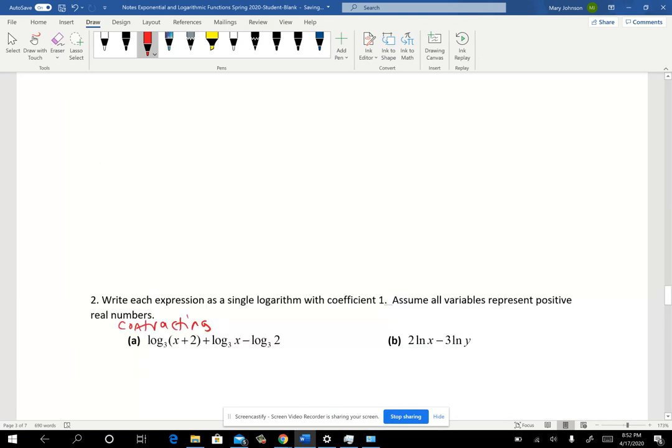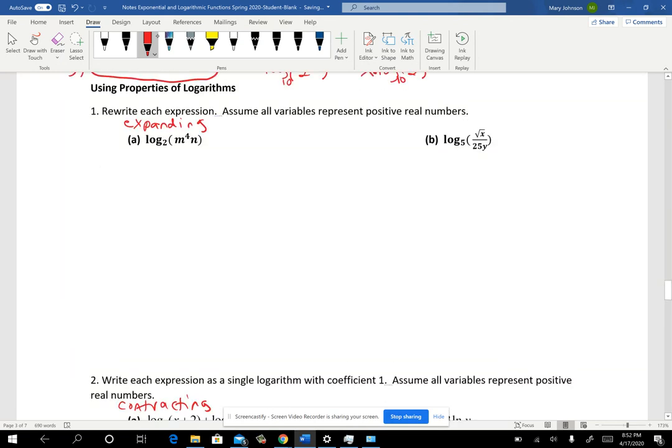If you're trying to expand this expression out, what we're going to do first probably is look at how that's multiplication, m to the fourth times n. So we could write that as log, still base 2. The log of a product becomes the sum of the logs of those two items.